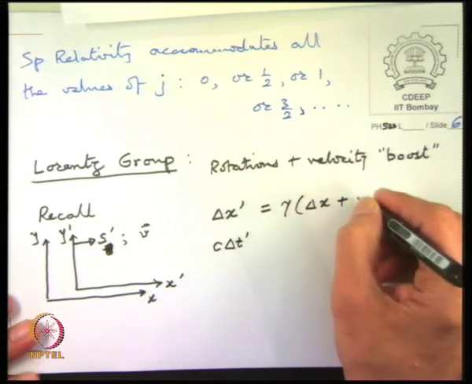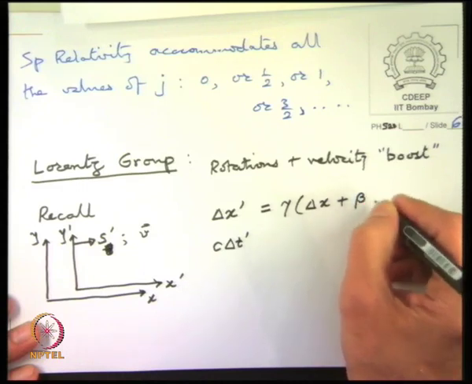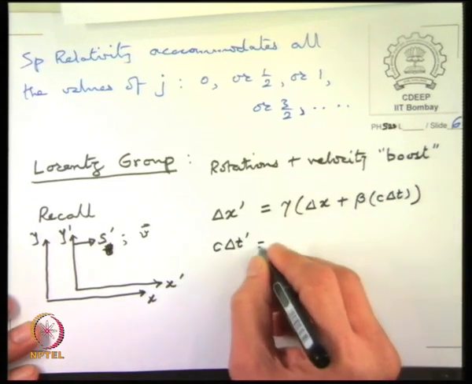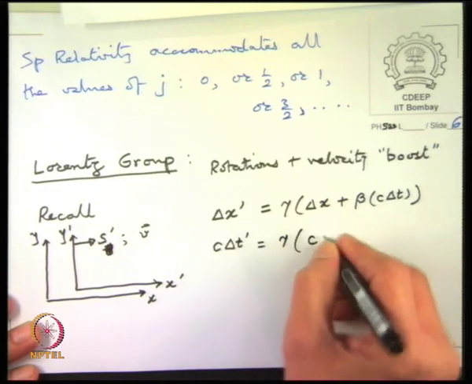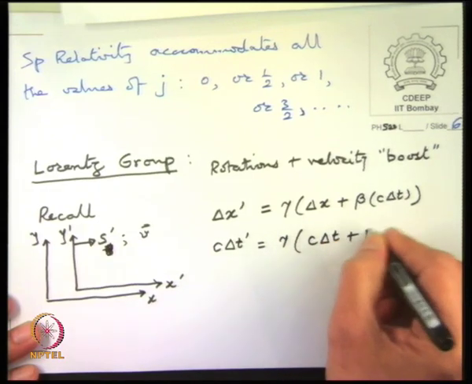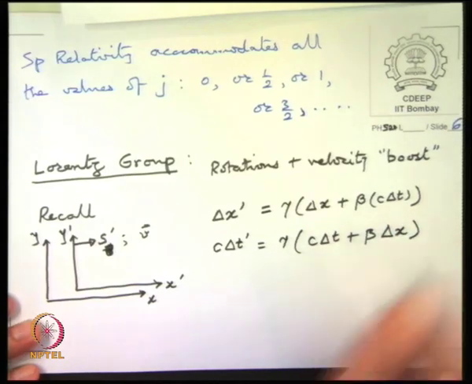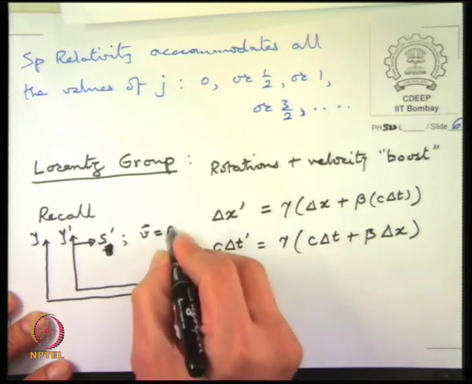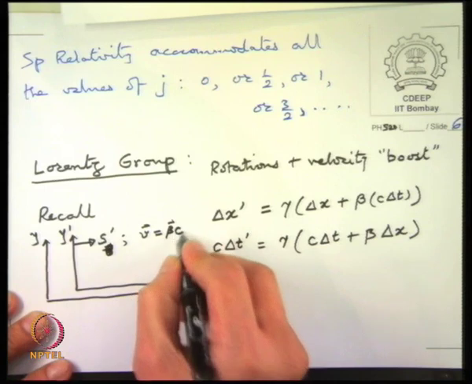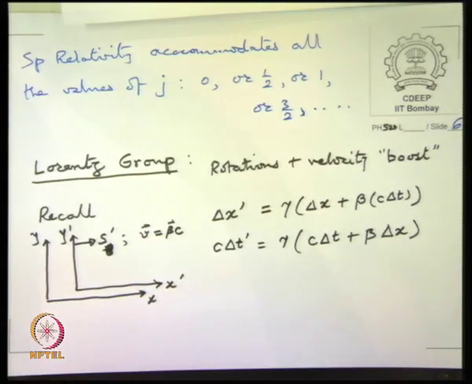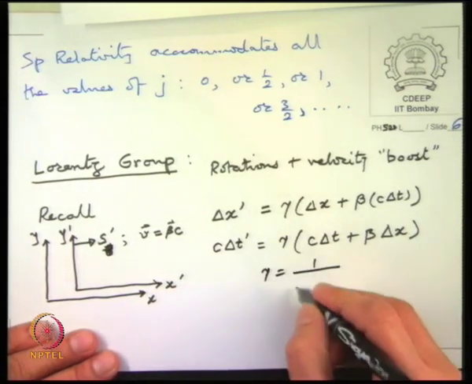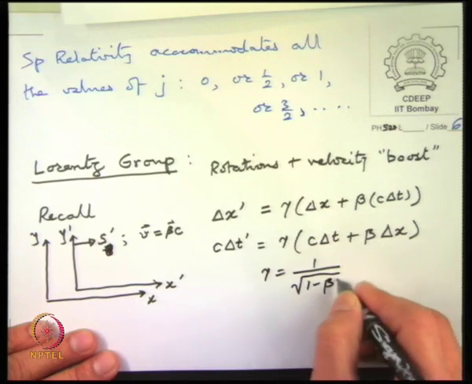So we will say plus V by C, so we call that parameter beta, times C delta t, and C delta t transforms into gamma times C delta t plus beta times delta x, where beta is V by C. Gamma is 1 over square root of 1 minus V squared over C squared, 1 minus beta squared.